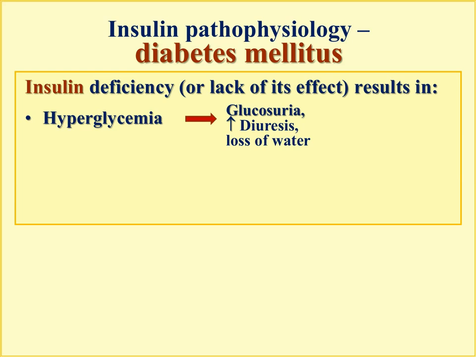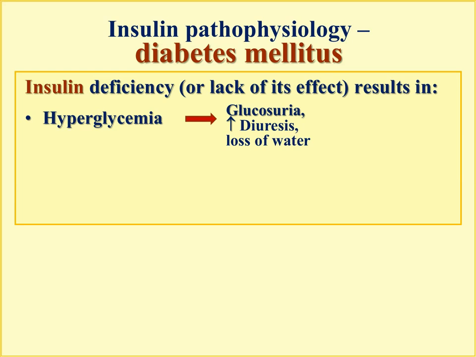And threshold of excretion is about 10 millimole per liter. So when glucose blood level reaches this level or becomes higher, glucose starts to be present in the urine. And due to this, as it's an osmotically active substance, it takes along certain amount of fluid and certain amount of water.